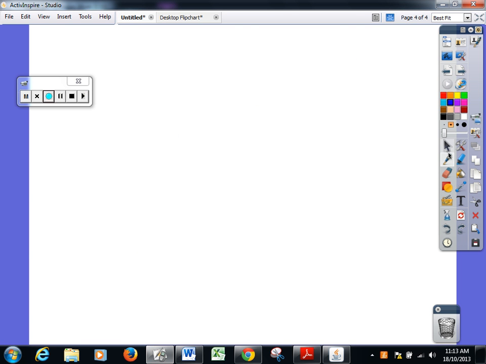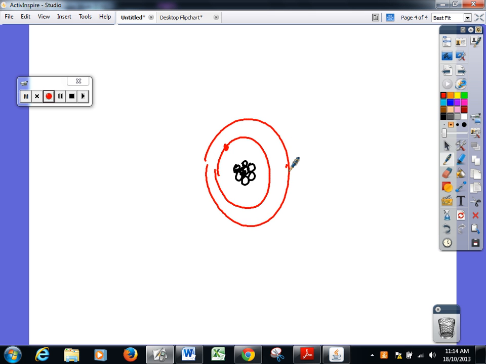We all know from junior school that this is the current baby model of an atom. And we're going to use the baby model because it's the easiest one to know and work with. We have a nucleus about which is orbiting what? Electrons. And the electrons are arranged in what?